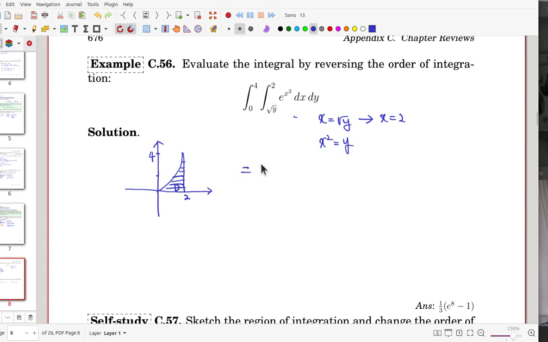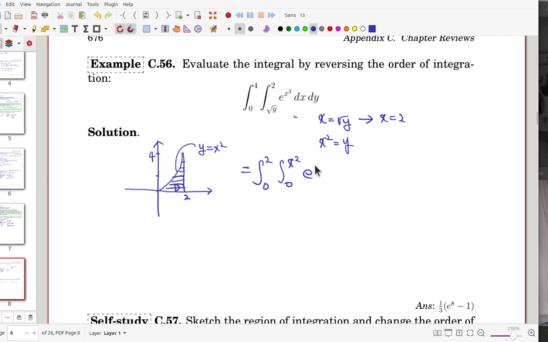Then x is from 0 to 2. Now, we are accessing this region vertically. Okay, bottom y is 0. Top y is x squared. Right?